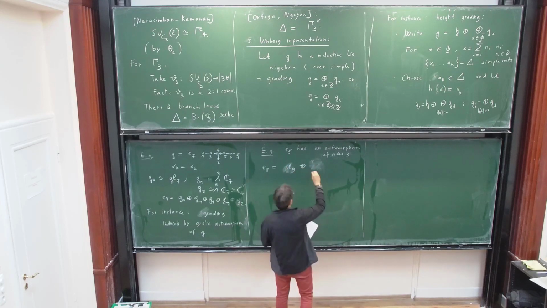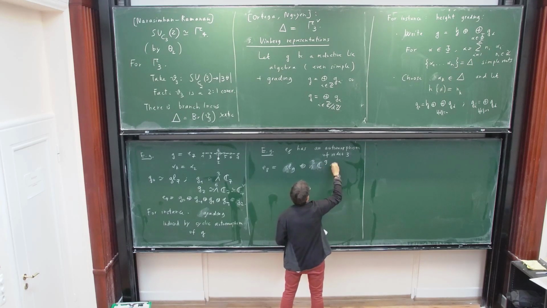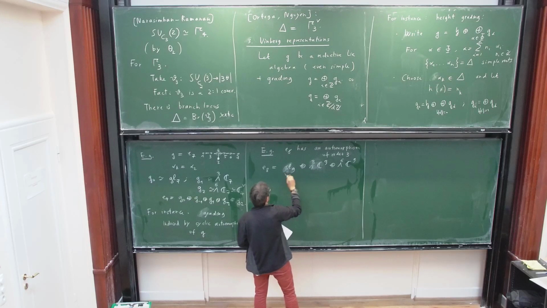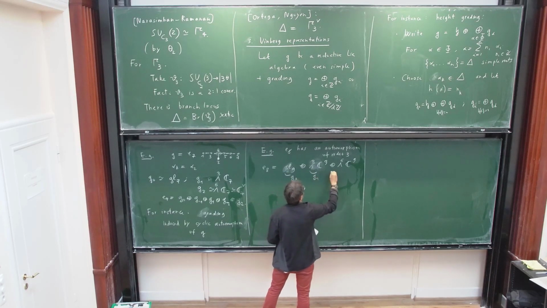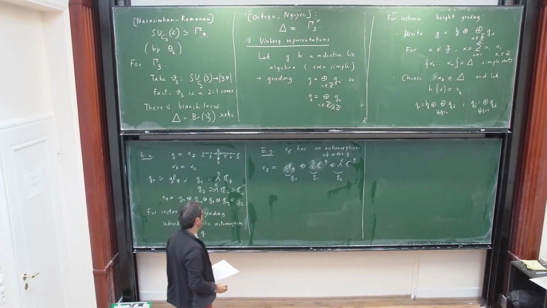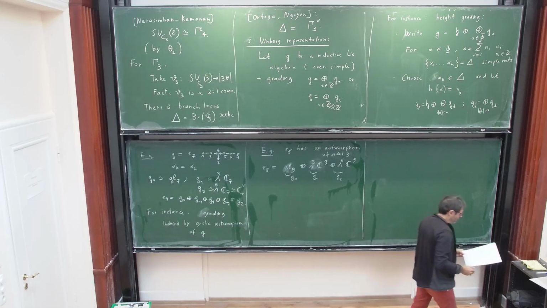And then wedge 3 of C9. And then wedge 6 of C9. This would be G0. This would be G1. This would be G2. So this is the kind of thing you can do.